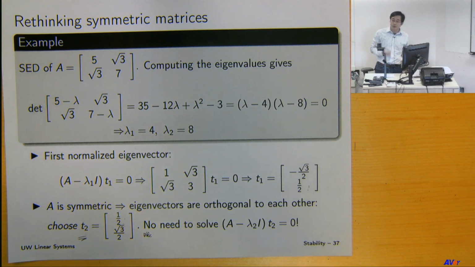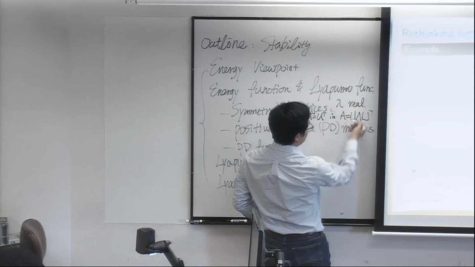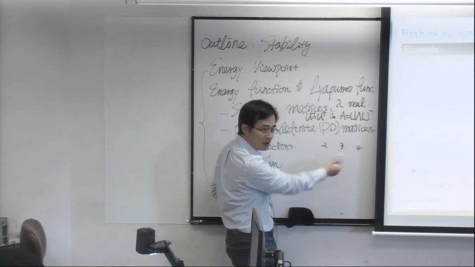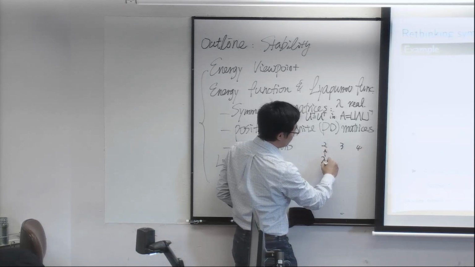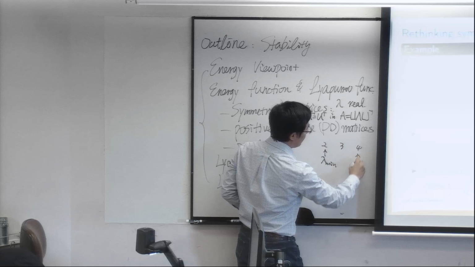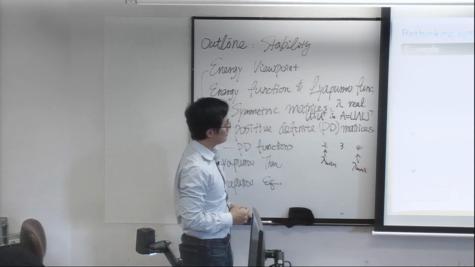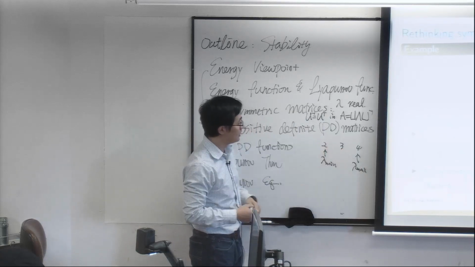So because they are real, we can order the eigenvalues. We can do, let's say, lambda 1, lambda 2, lambda 3 is 2, 3, 4, or something like that. We can choose the smallest eigenvalue and then the largest eigenvalue, and we can have an order of these.